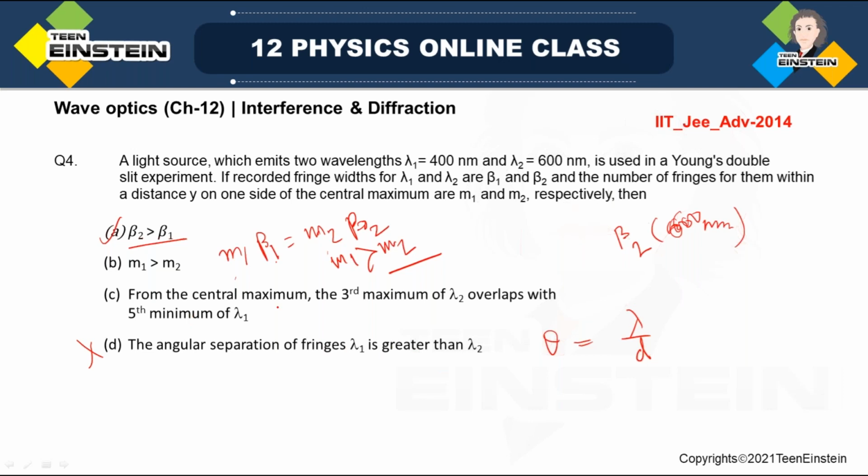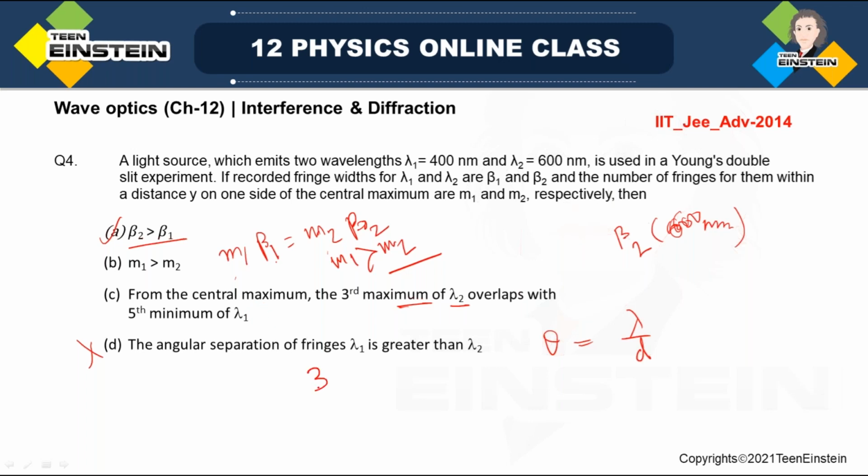Okay, for the central maximum, the third maximum of lambda 2 overlaps with the fifth minimum of lambda 1. Then you have to check whether it is true or wrong in this case.